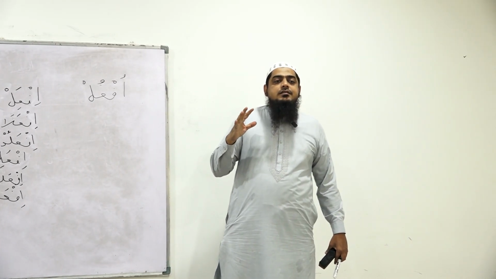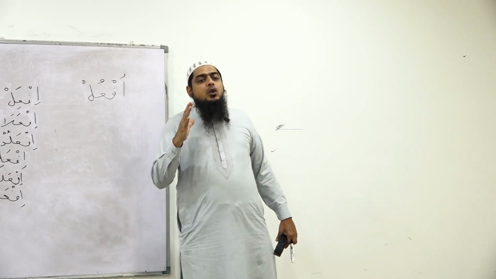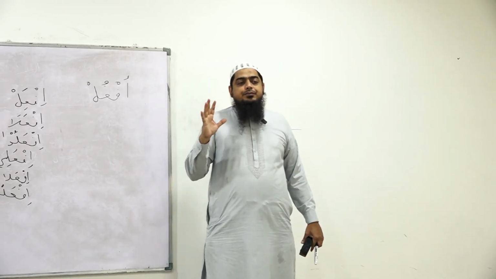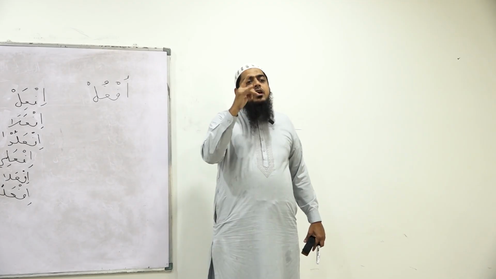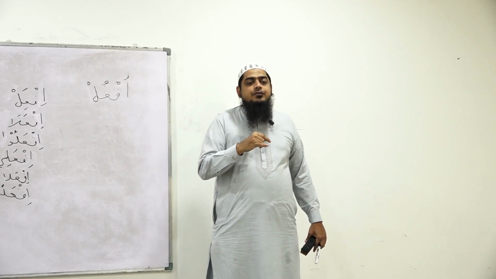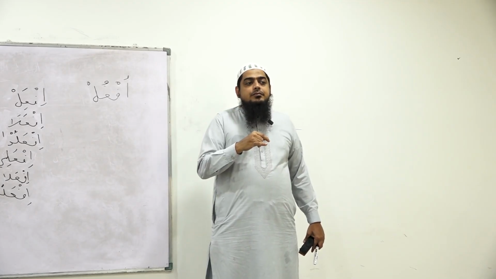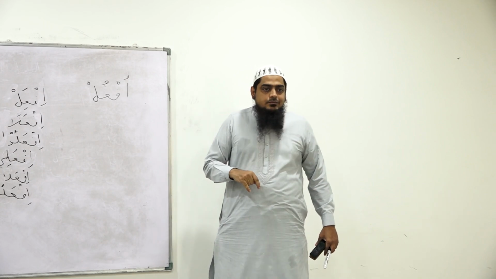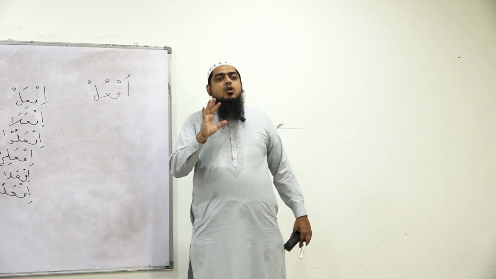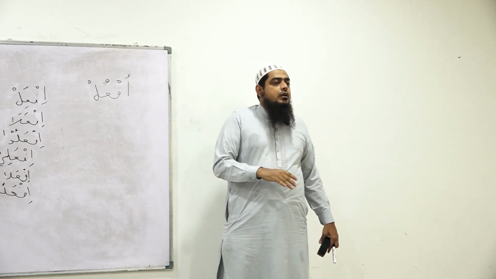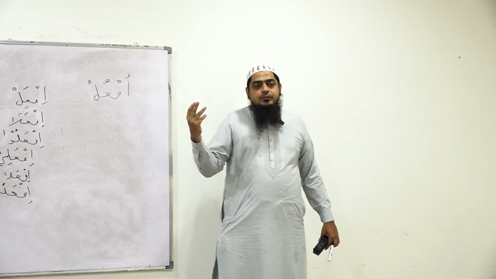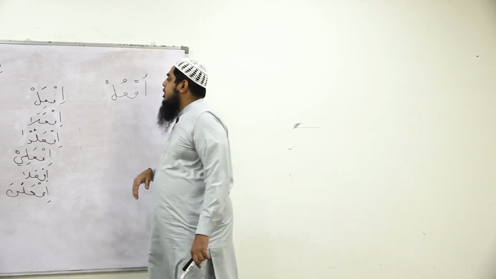These are 6 combinations which are used in Arabic language. All of them are related with which harf? Ainul kalima. The whole bab is because of Ainul kalima, because Ainul kalima will take all the 3. So Ain is very important in fa'ala.